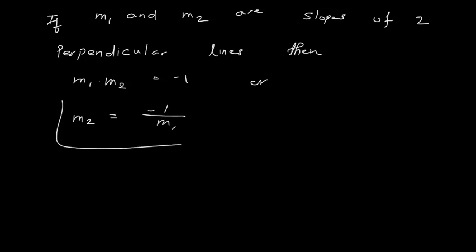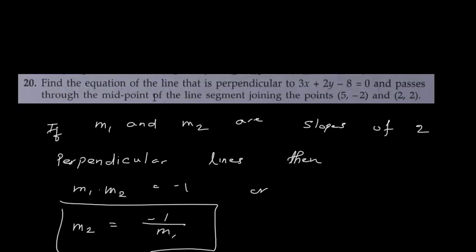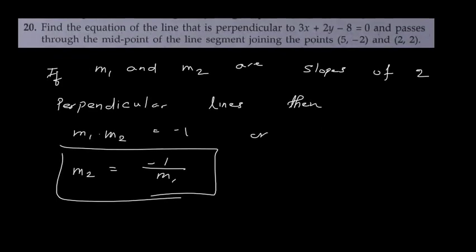So this gives you the direct slope of a perpendicular line when you know the slope of the given line. Using this formula you can find out the slope and hence you can solve this problem. So try this problem yourself and solve it.